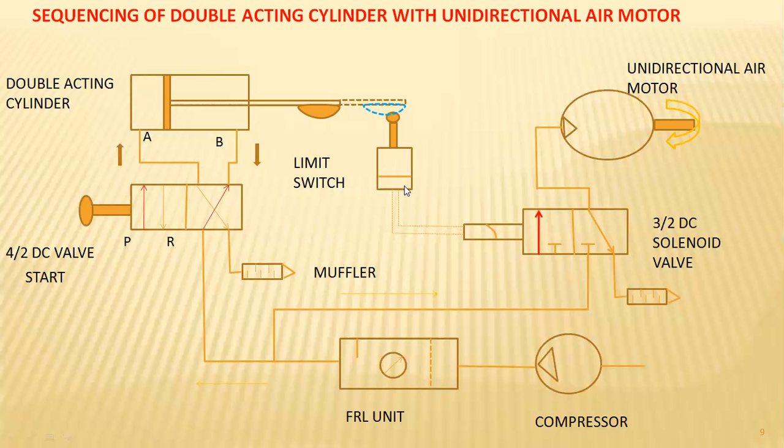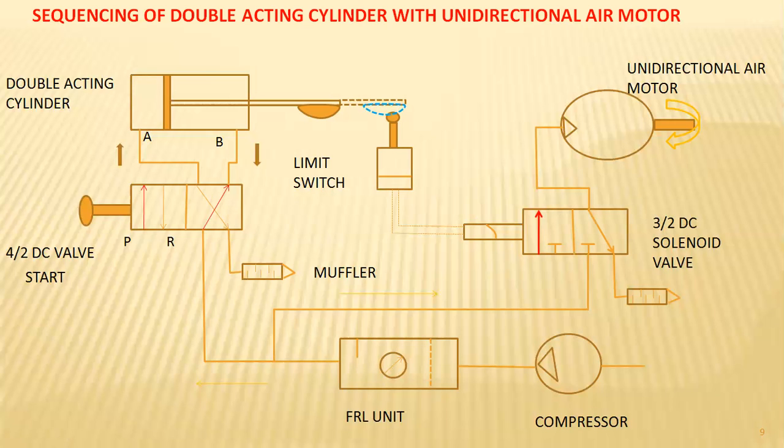At that particular time, this limit switch will be in open condition, and supply will be stopped here, and the second position will come back to the original condition. Hence, there will not be any movement in the motor.